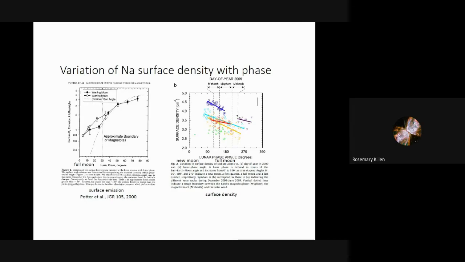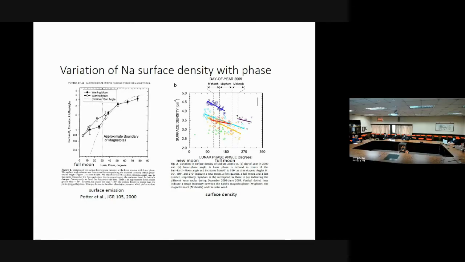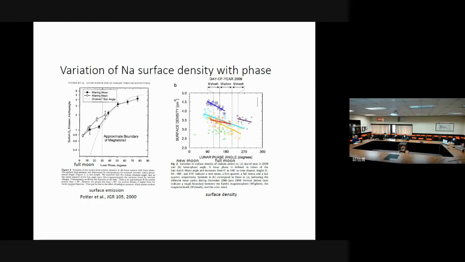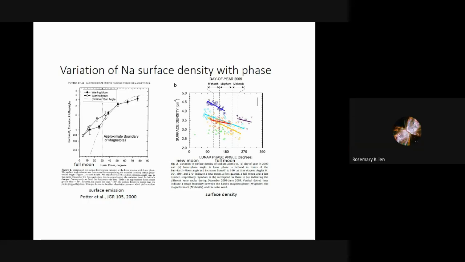Okay, so now we go to sodium, and this is how the lunar phase relates to what we're looking at, because on the left are observations from Potter et al. And I believe these were from Kitt Peak. And on the right are SELENE observations. And you note that Potter's full moon is 0 phase, but SELENE full moon is 180.